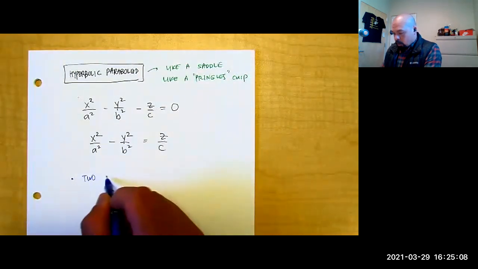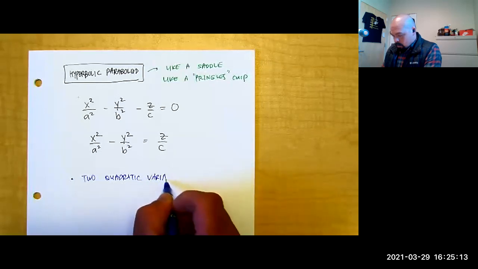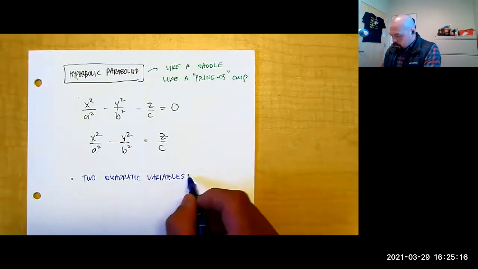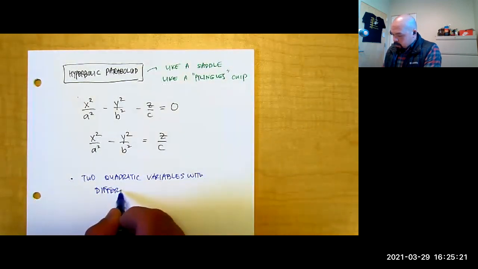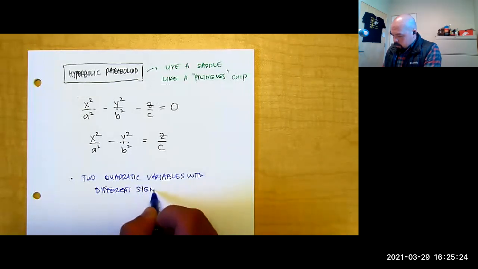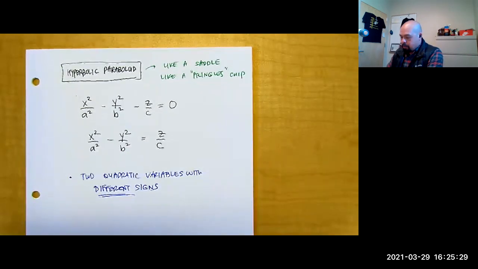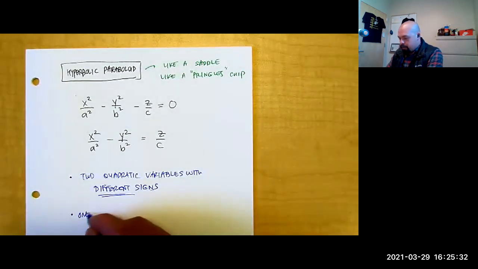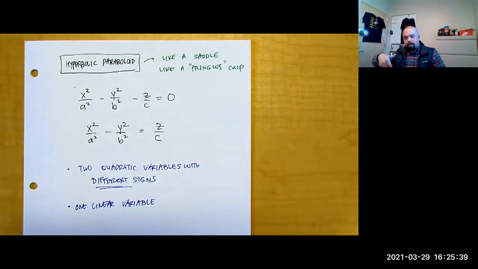We have two quadratic variables with different signs. One positive, one negative. One linear term, one linear variable. It could be positive or negative. Again, that's just going to change the way it's oriented, whether it's facing downwards or upwards along the positive z, negative z, or it could be along the positive x, negative x.